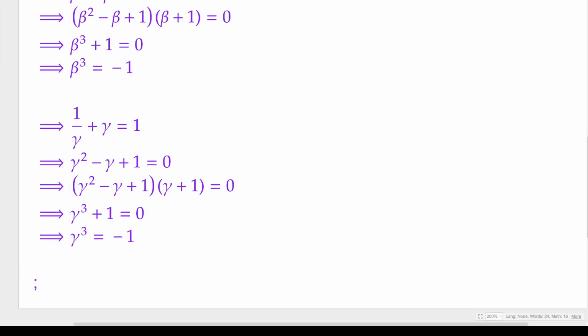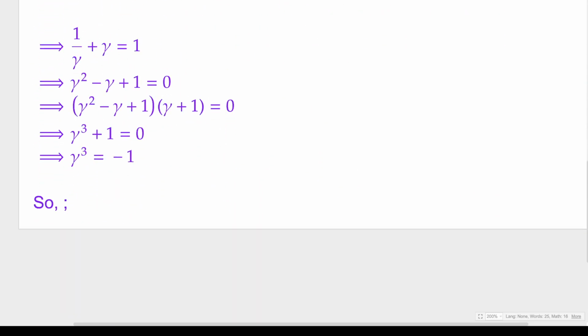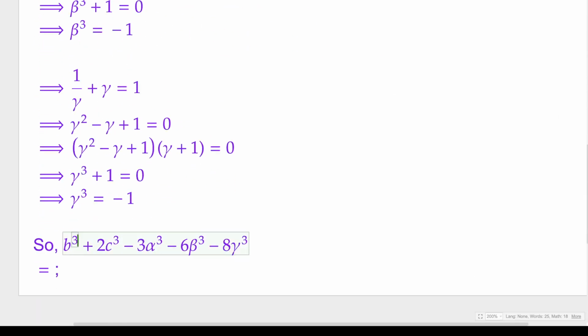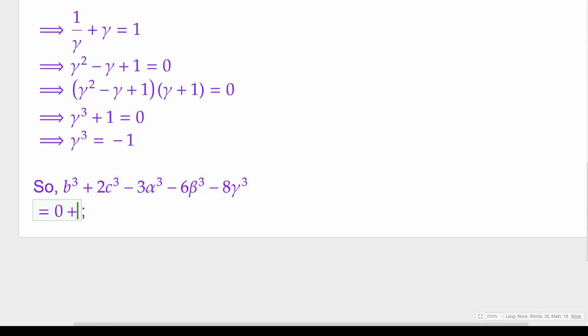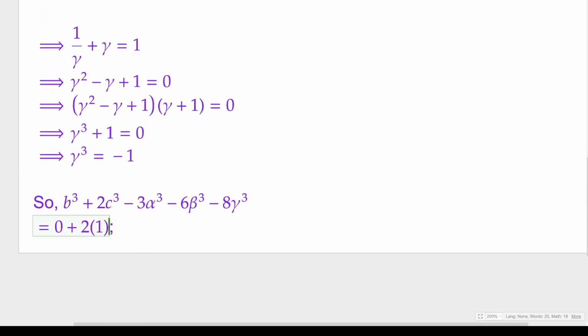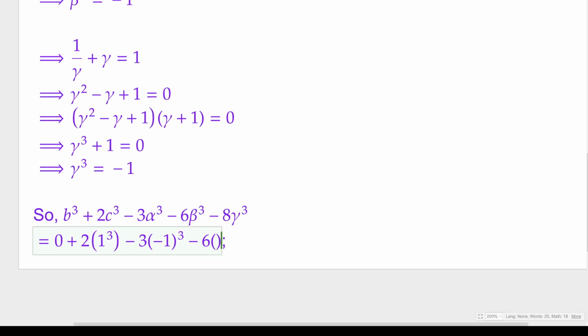Now I have all the values, so for this given expression I can replace and write their values accordingly. The value of b is 0, so b I'll replace with 0, so 0 cube is 0. 2 times c, the value of c is 1, so 2 times 1 cube, minus 3 times alpha cube, so negative 1 cube, minus 6 times beta cube, which is again negative 1 to the power 3, minus 8 times negative 1 to the power 3.